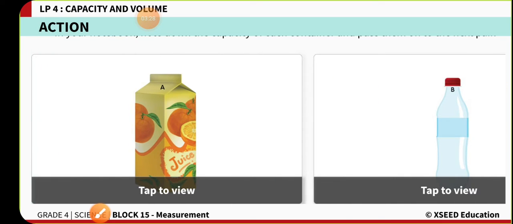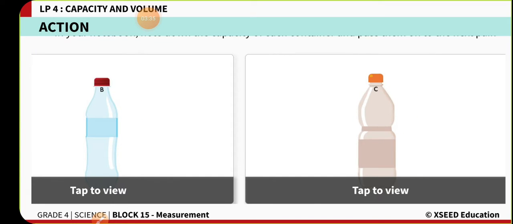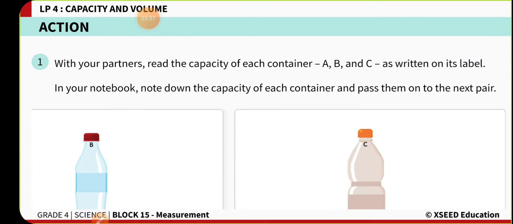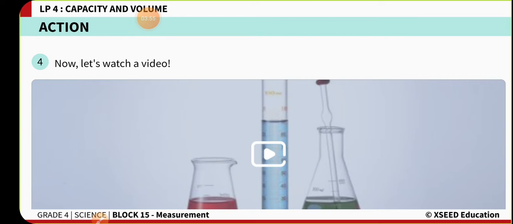Three different things you are taking: one is a Tetra Pak, second one is a 500 ml bottle, and the third one is your 1 liter bottle. With this, you will measure the capacity of those bottles, and you will understand the difference between the volume of the liquid that is present in those particular containers. So to understand that, let's have a quick look at a video.